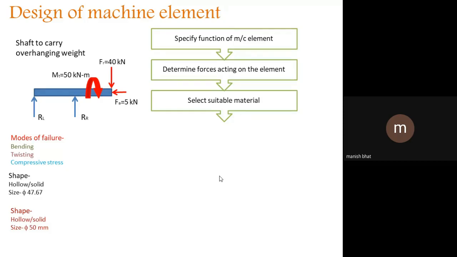So selection of material depends upon working condition, depends upon what we want in a particular machine element and what is there actually in a material. So we are matching our requirements. I want corrosion resistance, I want high strength, I want shock resistance, I want to sustain vibration. So I have to choose such a material which is able to sustain vibration, which is able to sustain shock load. So you know that machine beds are made of cast iron.